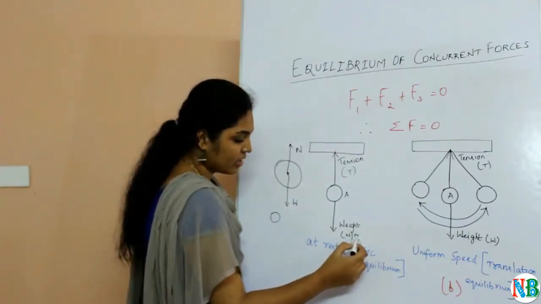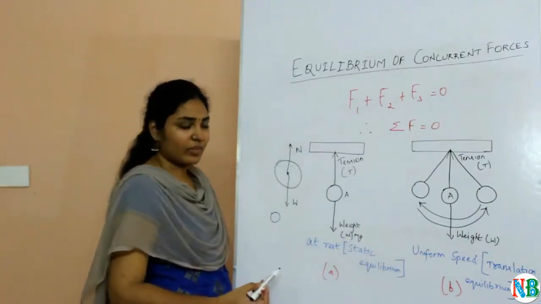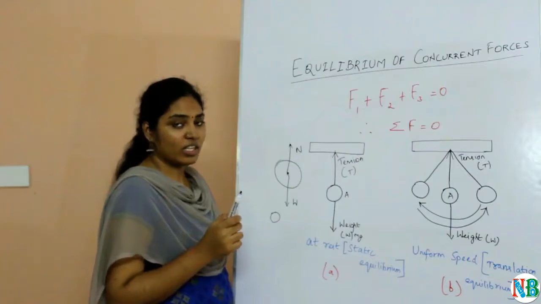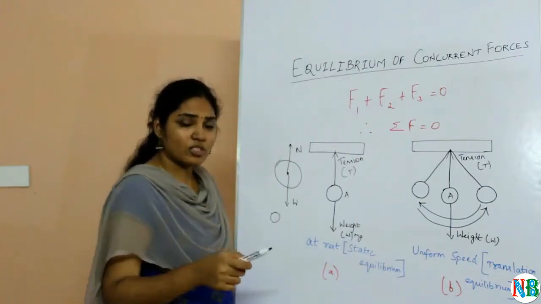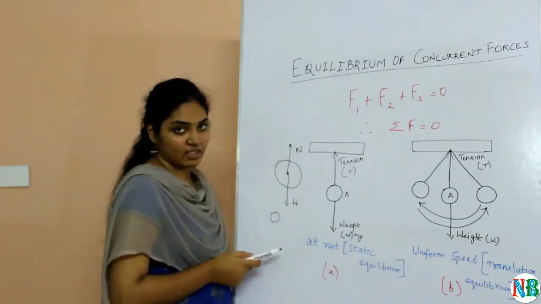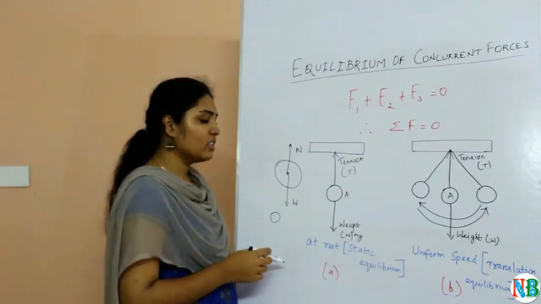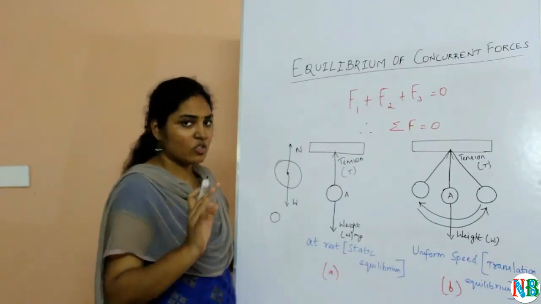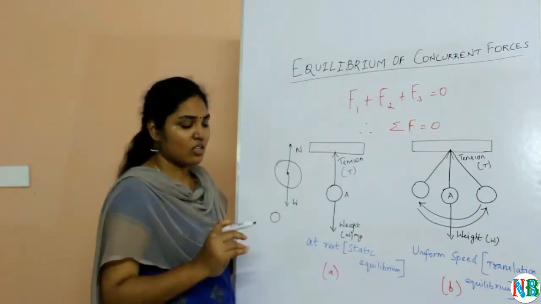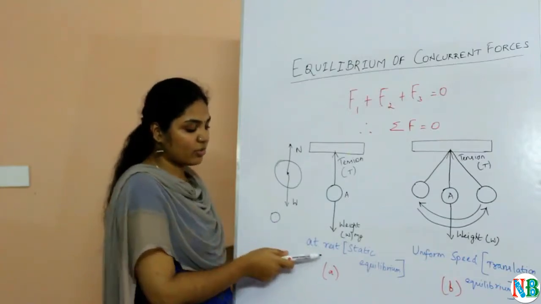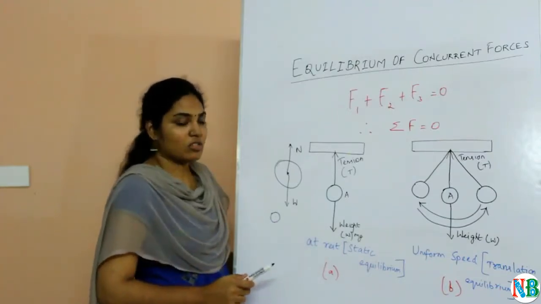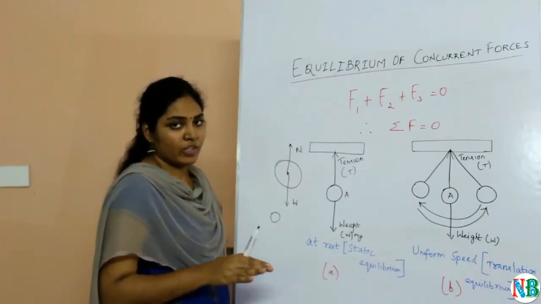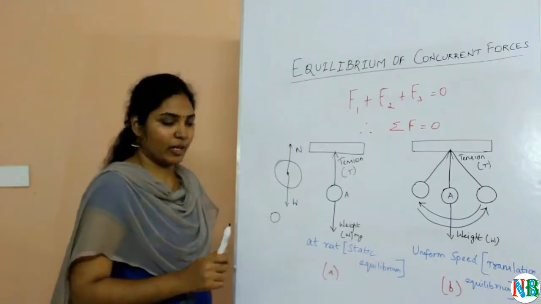These two forces are equal in magnitude but opposite in direction, so they cancel. The bob is at rest, it's not moving. This type of case is called static equilibrium because the object is in a static position.